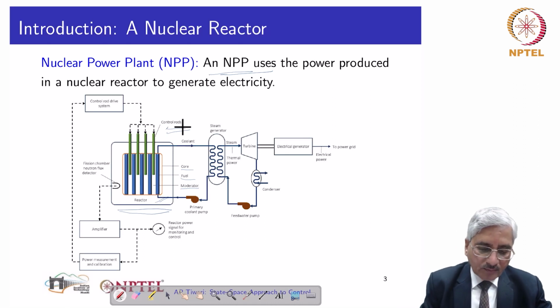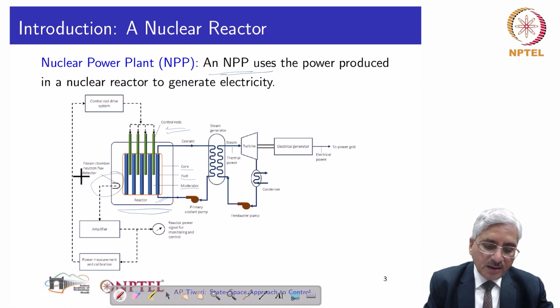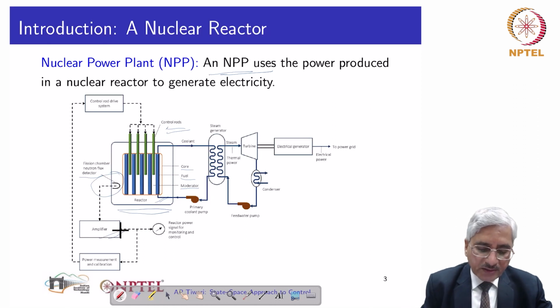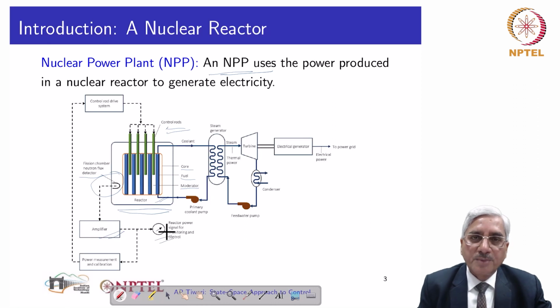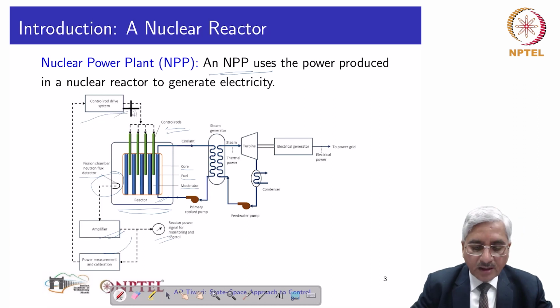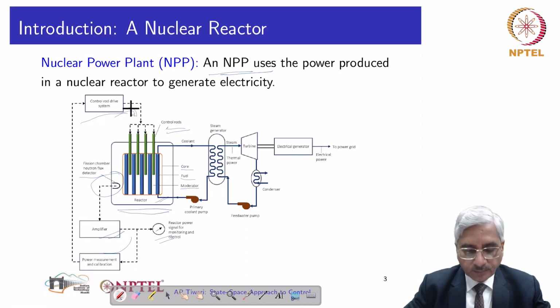The neutron flux is sensed by detectors, which are usually fission chambers. After amplification, it is sent to the control room for the purpose of monitoring and control. It is utilized through a control system, which drives the control rods.